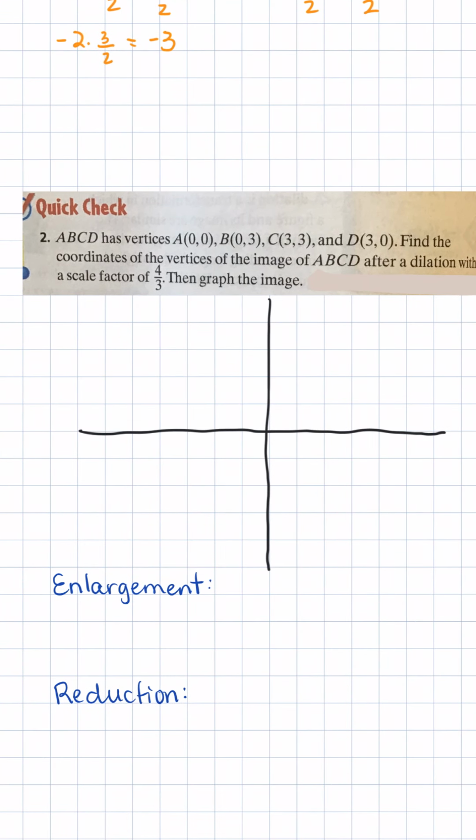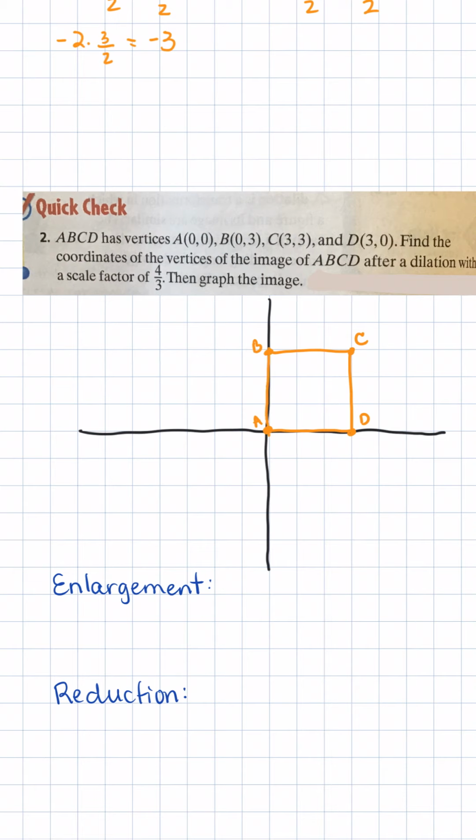A is 0, 0. B is 0, 3. C is 3, 3. And D is 3, 0. Looks like we're drawing a square.